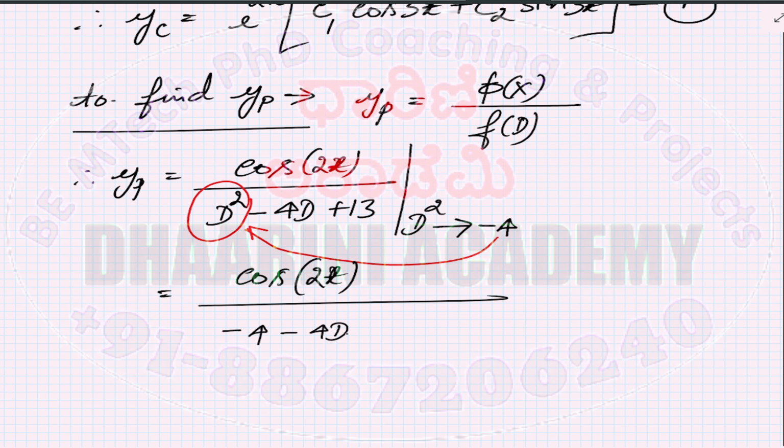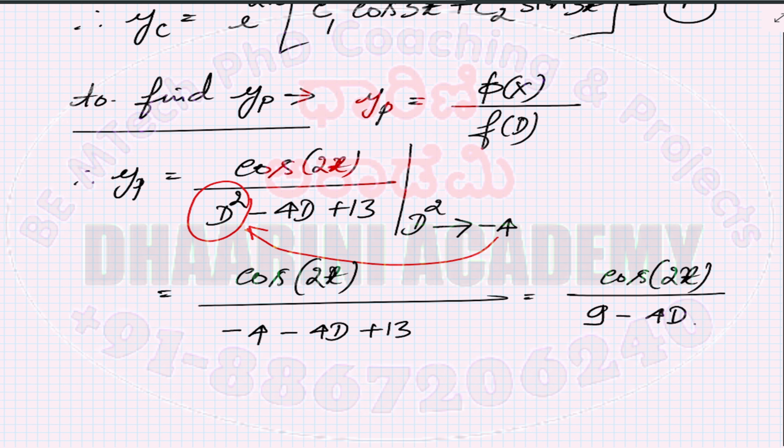Remember, you cannot touch d, you have to replace only d squares, plus 13. So this reduces now to cos 2x whole divided by 13 minus 4, which is 9, minus 4d. So this is not the answer.